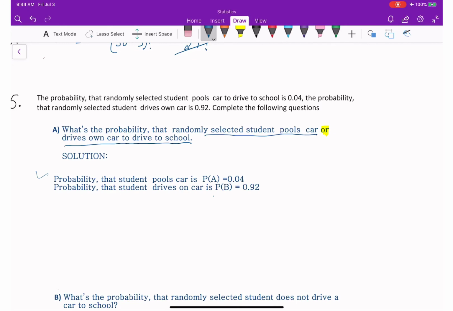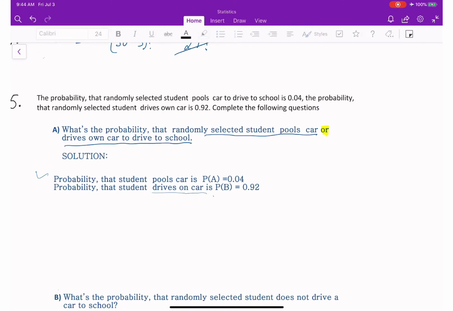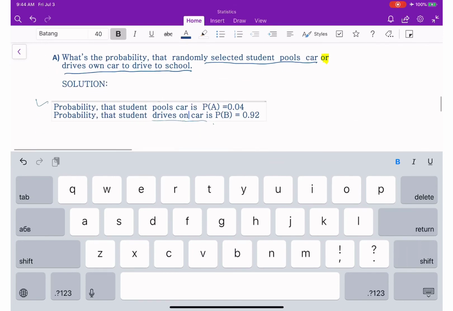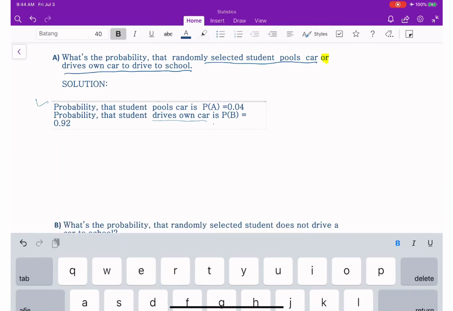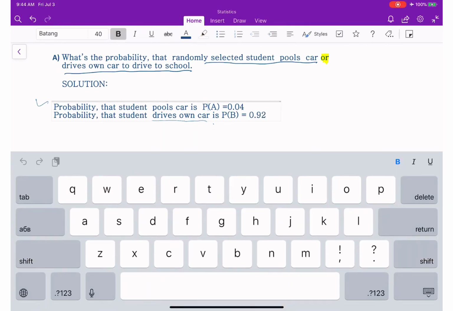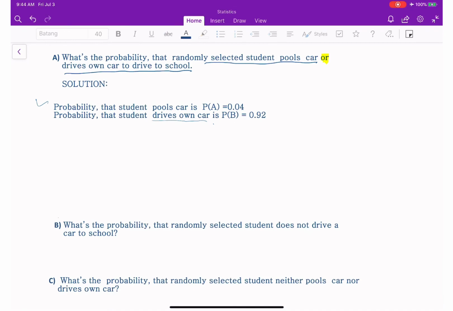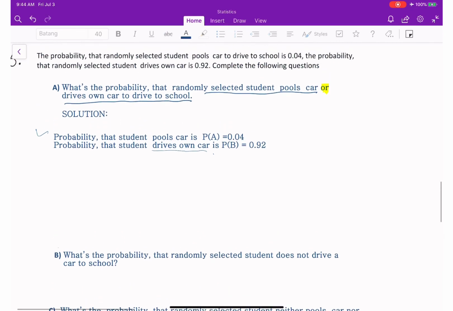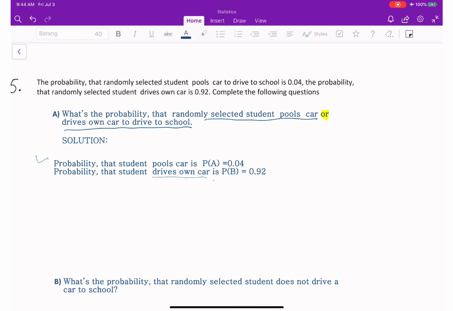Is 0.04, and I mark down as a probability of A. And the probability that student drives own car, it's 0.92. Correct?